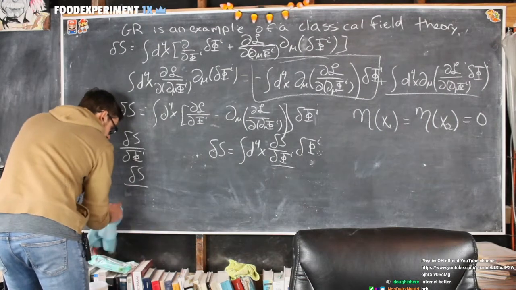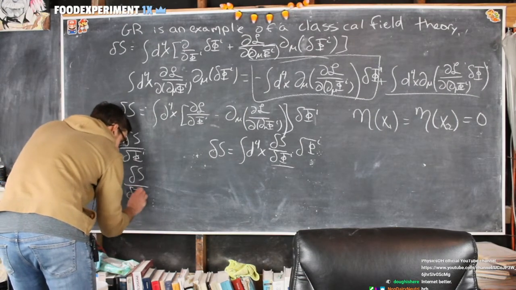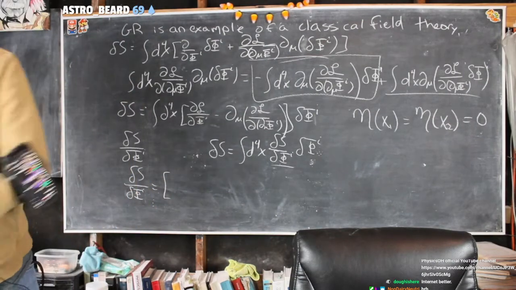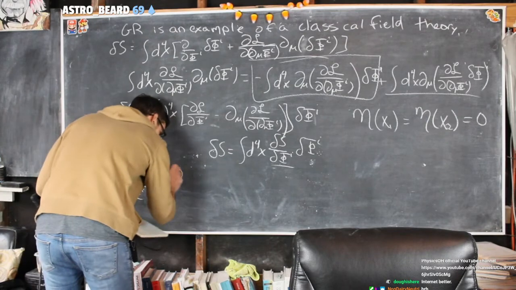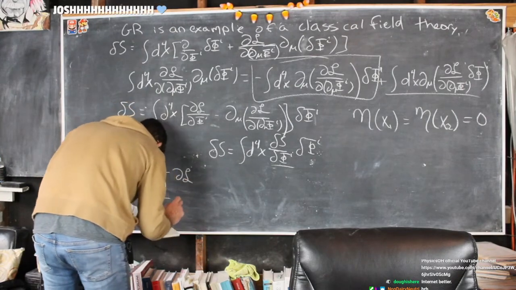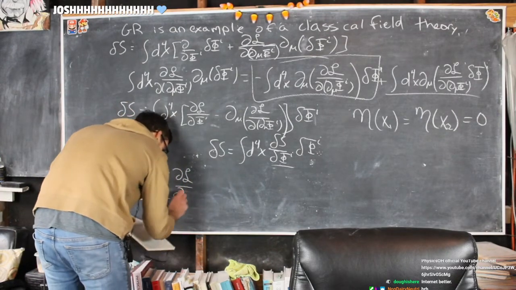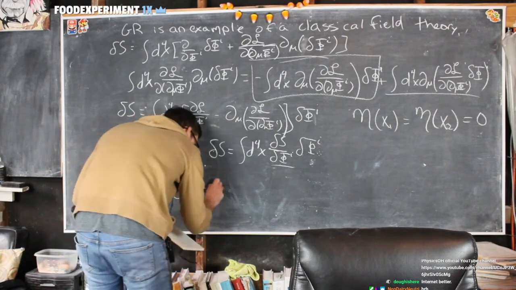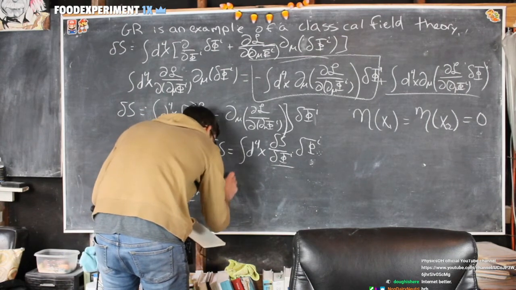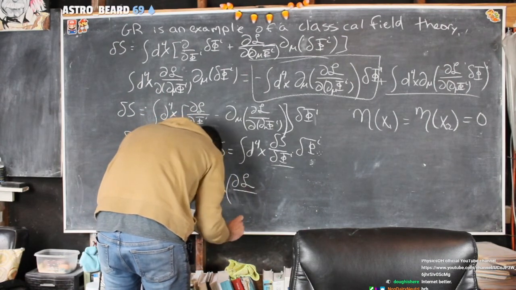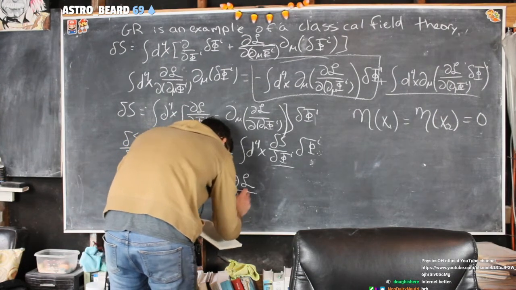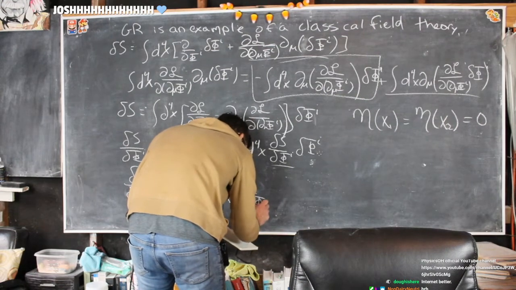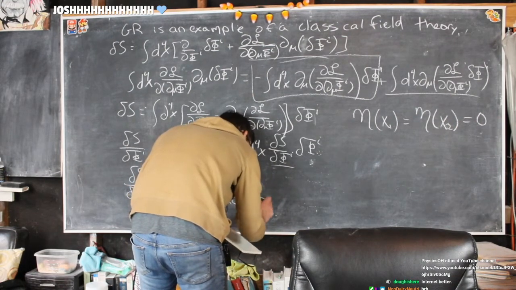To minimize it, we need to set it equal to 0, but it also gets set equal to the Euler-Lagrange equations: the derivative of the Lagrangian with respect to the field minus the partial of the partial of the Lagrangian with respect to the derivative of the field.